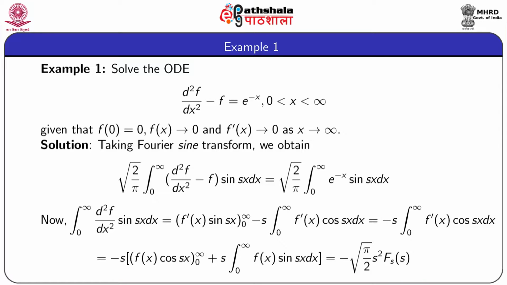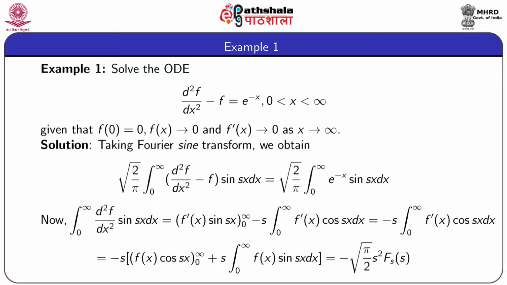Since from the given condition f(x) tends to 0 as x tends to infinity, this term tends to 0, and now f at x equal to 0 is given as 0. So, for x equal to 0, f(0) is 0.